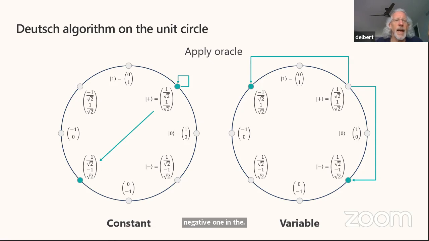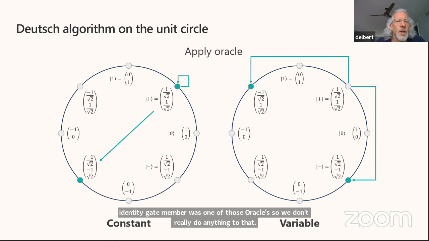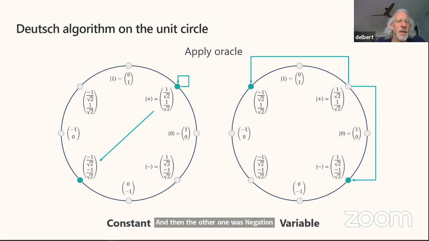And if we apply it to the constant function, the identity gate, remember, was one of those oracles, so we don't really do anything to that. And then the other one was negation. One of the other ones changes the sign on both basis states, both components of the vector. Let's put it that way, of the state vector.